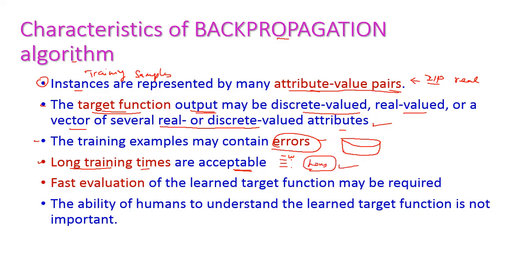The next is that fast evaluation of the learned target function may be required. Fast evaluation is very much required in this artificial neural network model. The last one is that the ability of humans to understand the learned target function is not important. These are the characteristics of the backpropagation algorithm.